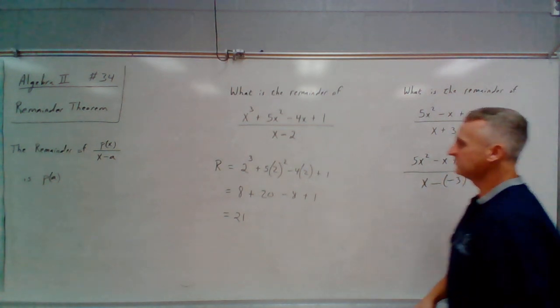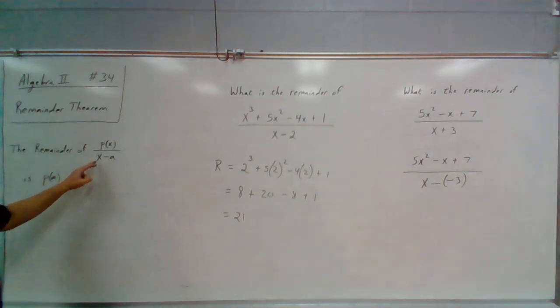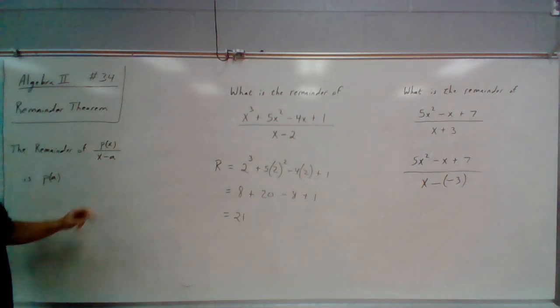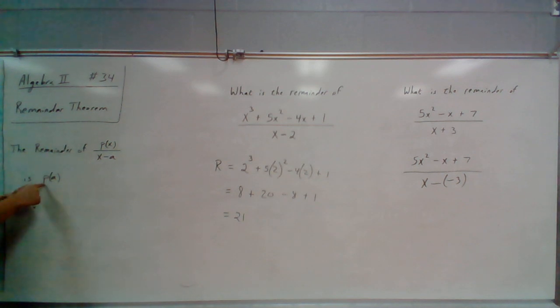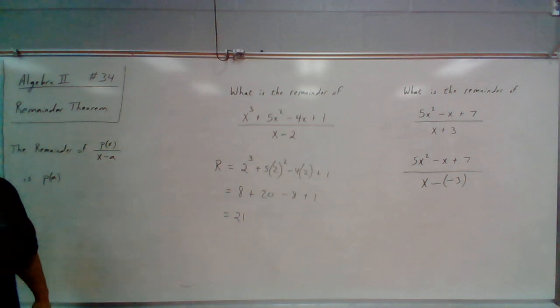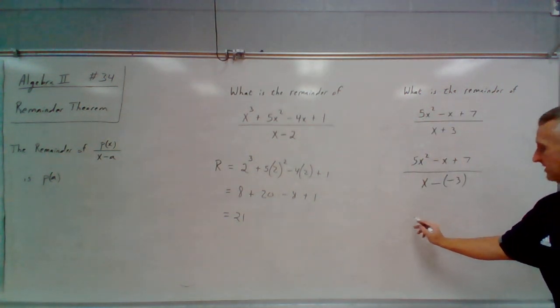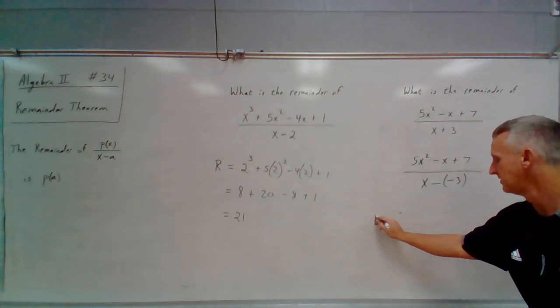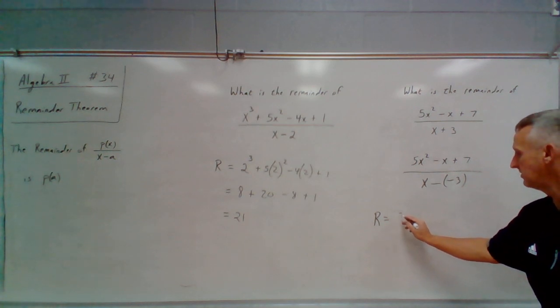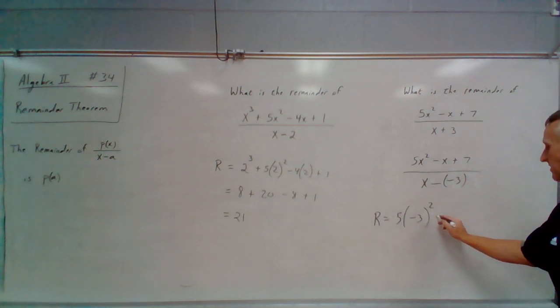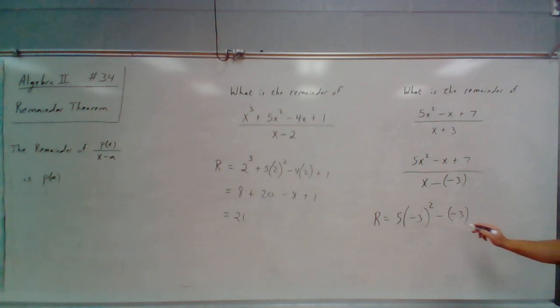All right, so the remainder theorem says that if I do a polynomial divided by x minus a, in this case my a is negative 3, then the remainder is p of negative 3. So all I have to do is plug negative 3 into that polynomial. The remainder is equal to 5 times negative 3 squared minus negative 3 plus 7.